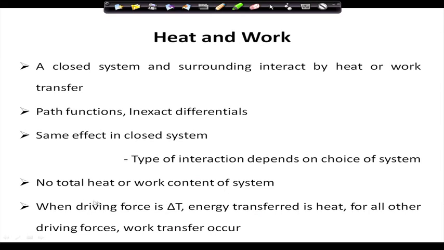So, it is very important to remember that heat and work have meaning only as long as the change is going on. Once the change is over, we find a change in the property of the system. We do not know how that change has been brought about. So, please remember there is no total heat or work content of the system. There is a total energy content of the system, but there cannot be any heat or work content of the system.